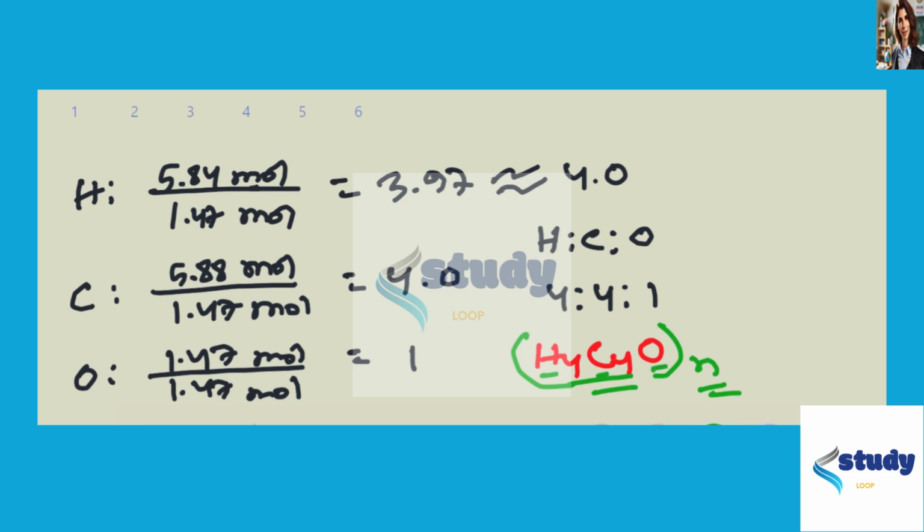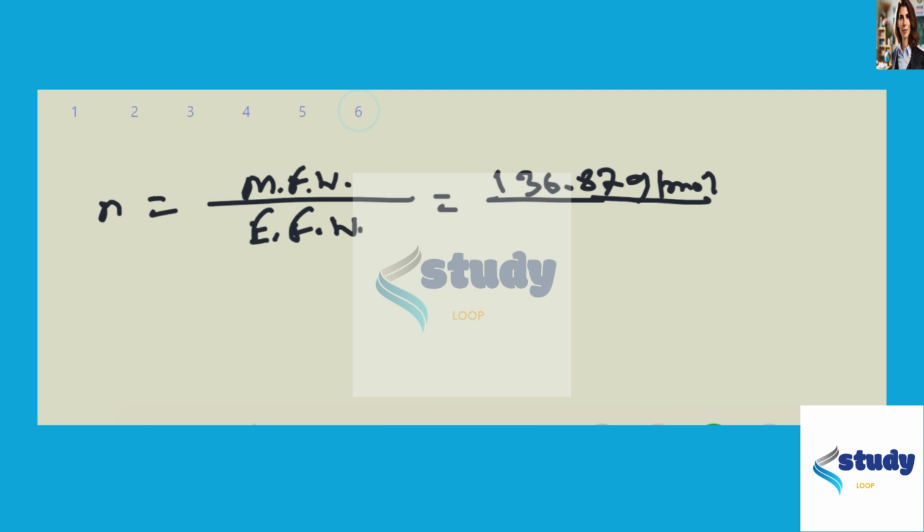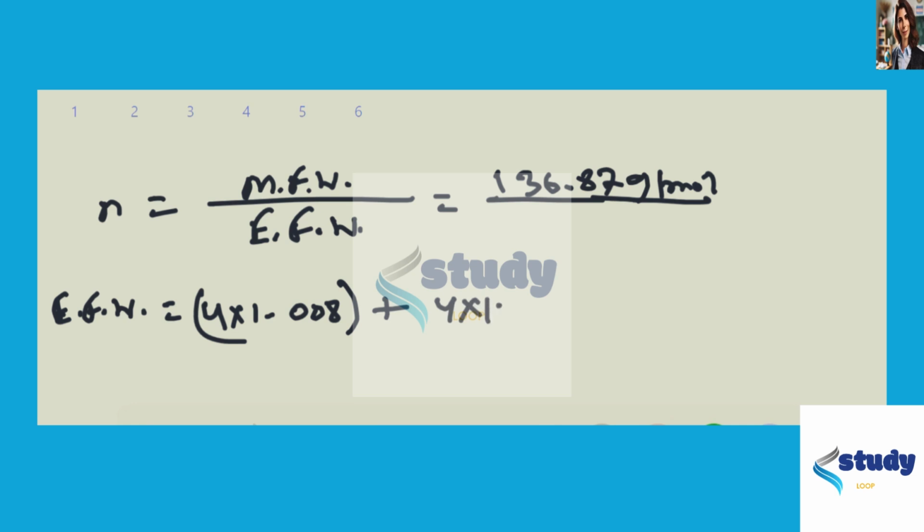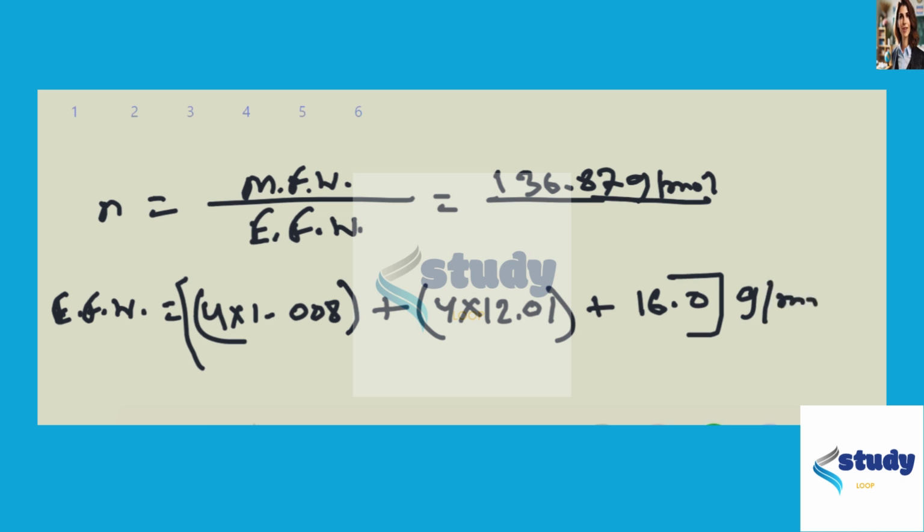So the empirical formula weight will be 4 times 1.008 for hydrogen plus 4 times 12.01 for carbon, plus we have 1 oxygen, that means it will be 16, and the total in gram per mole will be 68.04 gram per mole. So this is the empirical formula weight or empirical molar mass for the weak acid.